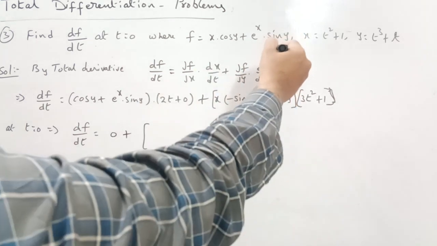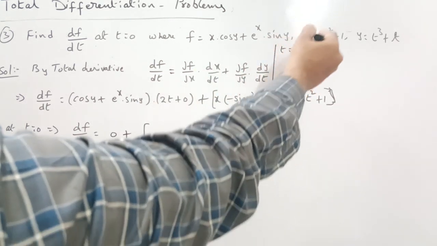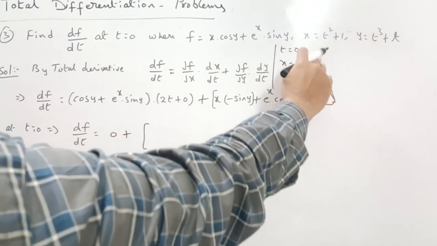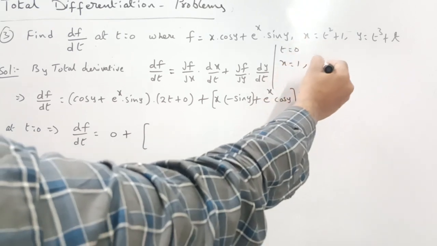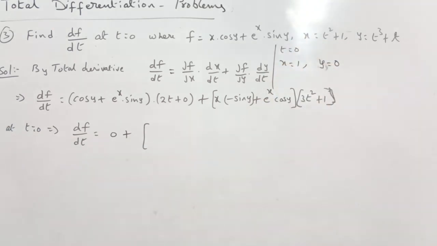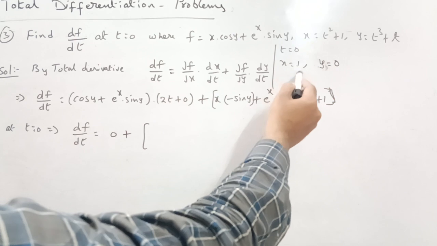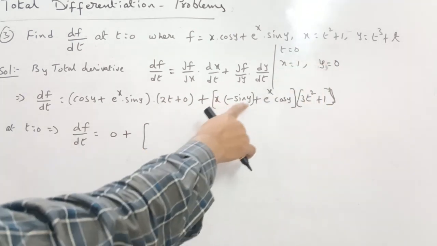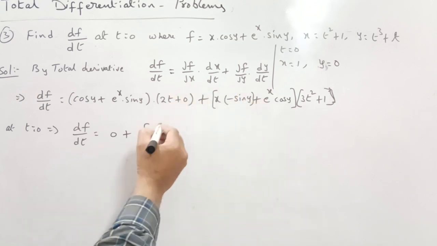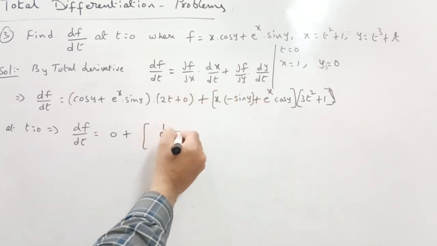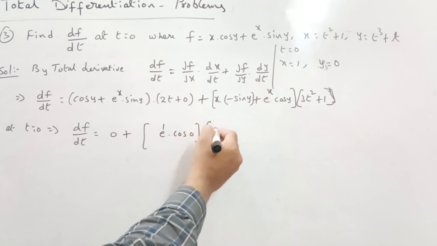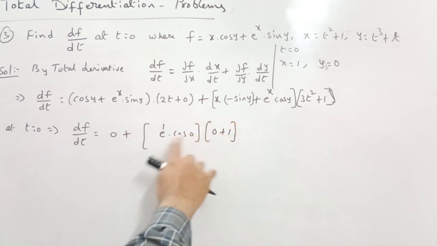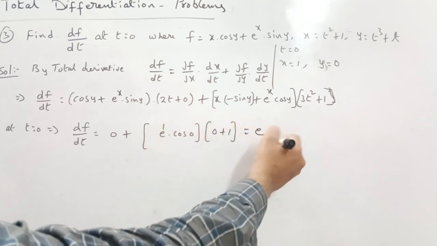First, when t is equal to 0, find out the x value and y value. When t is equal to 0, x is equal to 1 and y is equal to 0. So now we substitute here. X is 1, y is 0, sin 0 is 0. What I get here is e power 1 into cos 0 into 0 plus 1. Cos 0 is 1, e power 1 is e, so I get e.